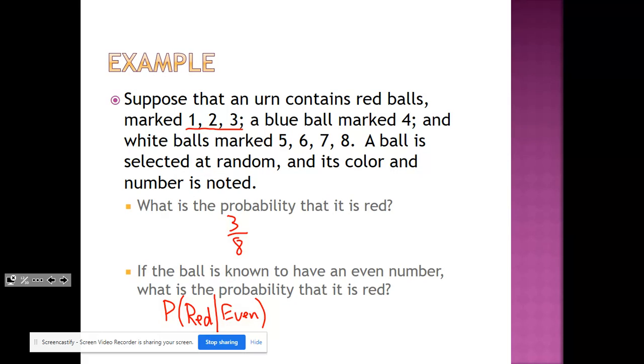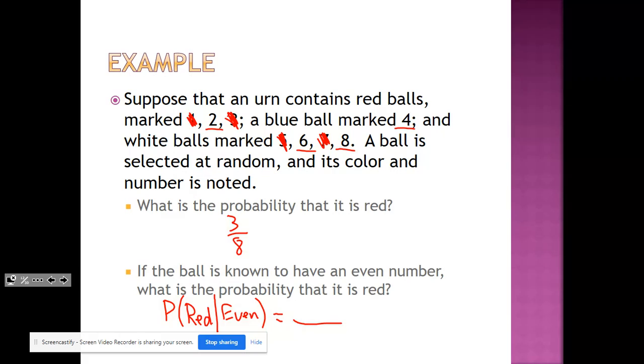This is where it's easier to not worry too much about that formula and just think, restrict our vision to what we're given. So restrict our vision to the even numbers. Let's just get rid of all these odds. We don't care about them right now. So I've got these even numbers now.